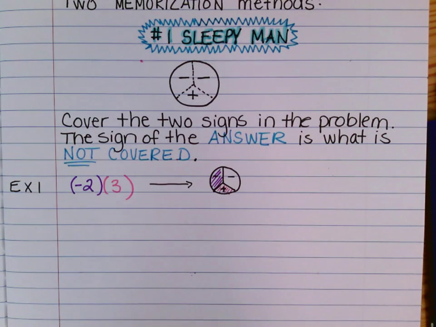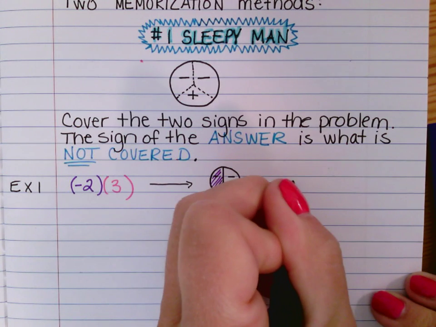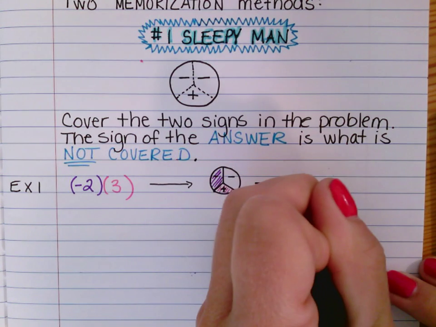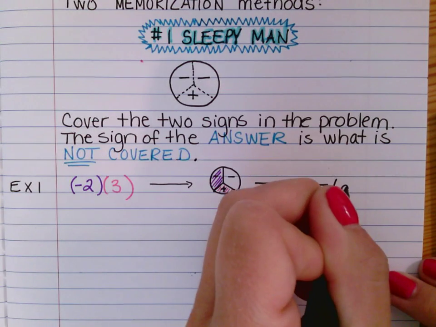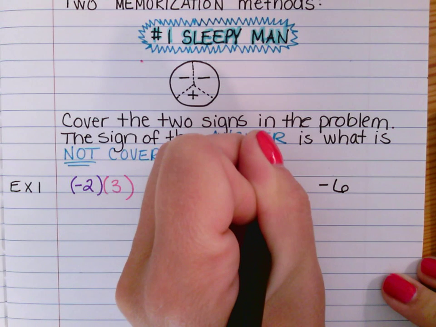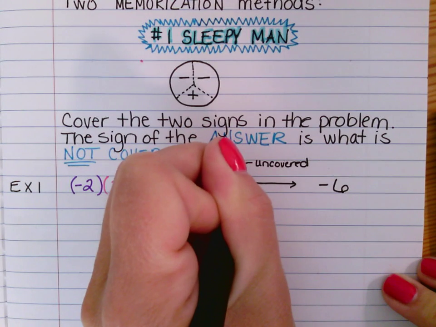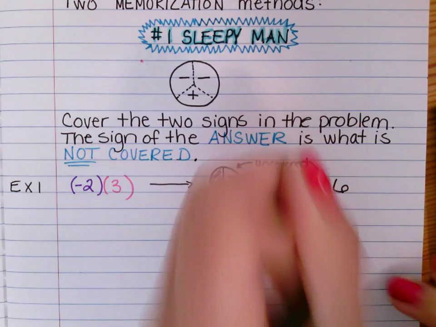So we know 2 times 3 would be 6, but this one is going to be -6. The uncovered part is here, and that's why this is negative.